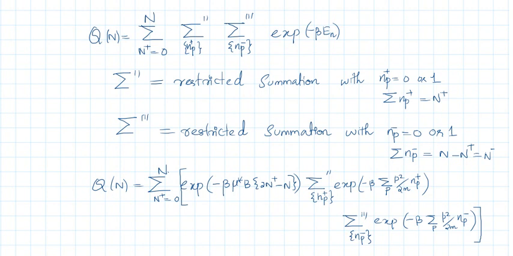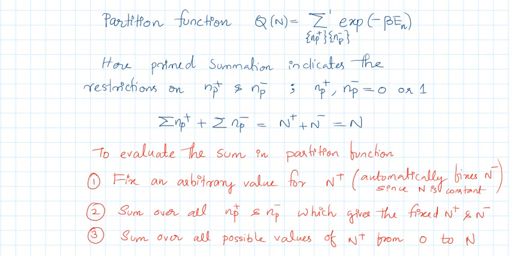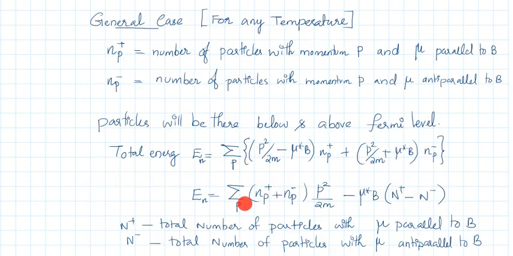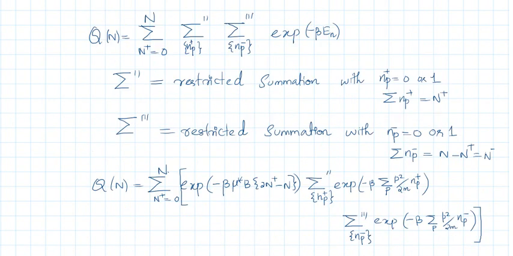Okay, so Q_N is equal to sigma N plus equal to 0 to N. Substitute for E_N from this value. If you substitute for E_N with N minus as capital N minus N plus, you will get exponential minus beta mu star B times (2N plus minus N).